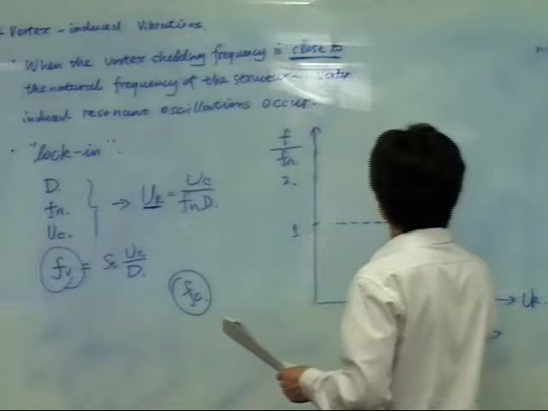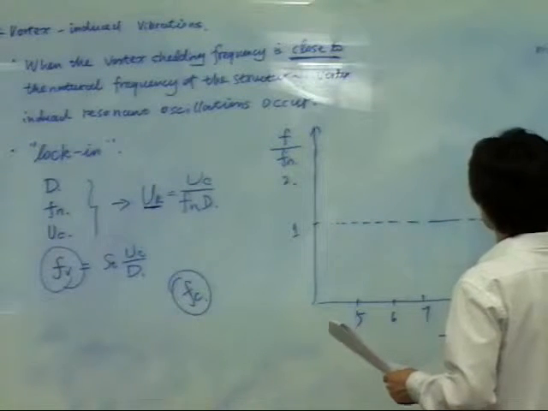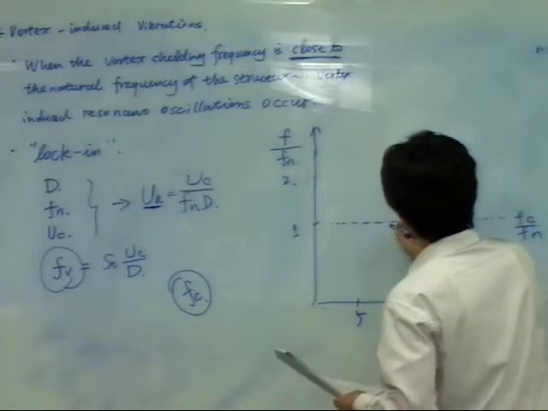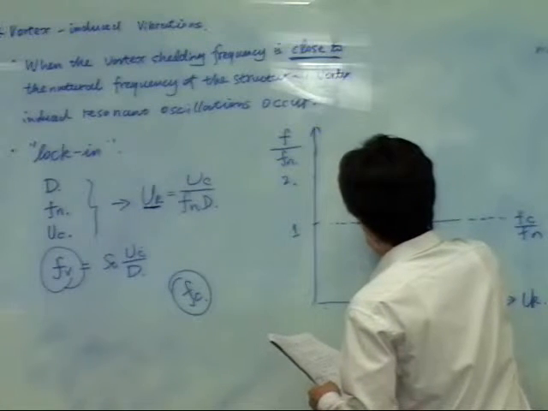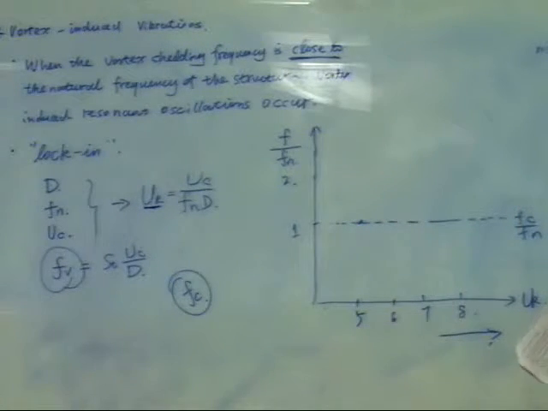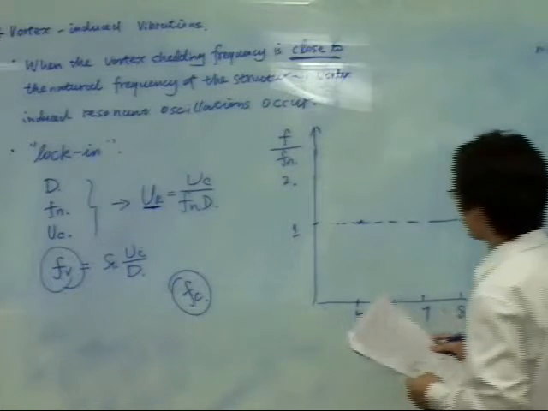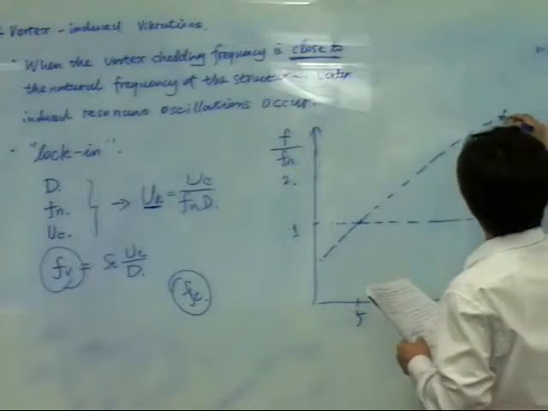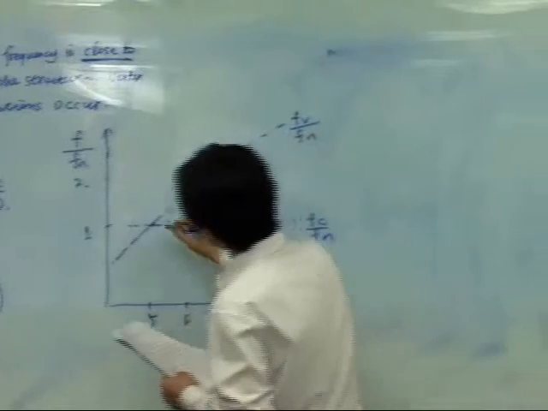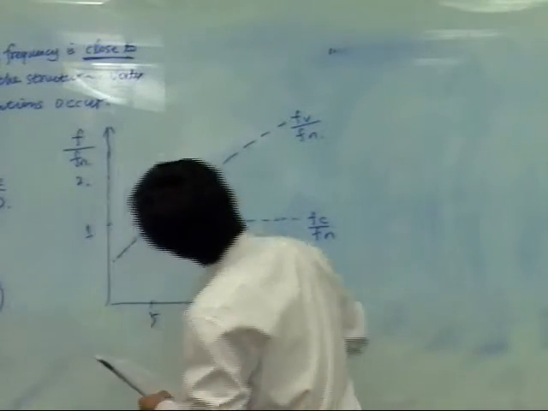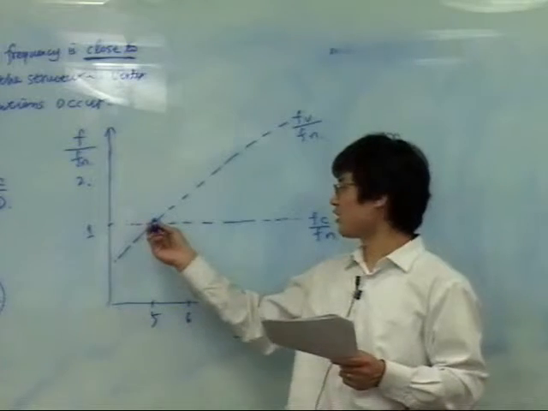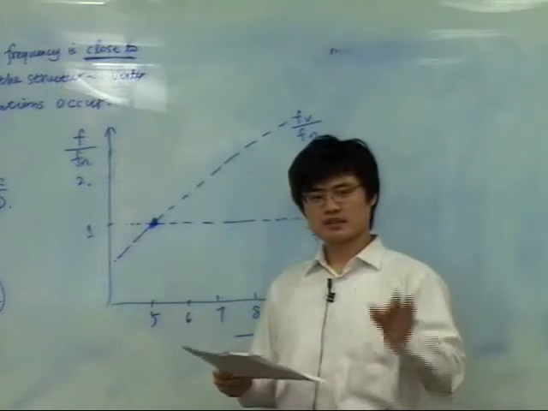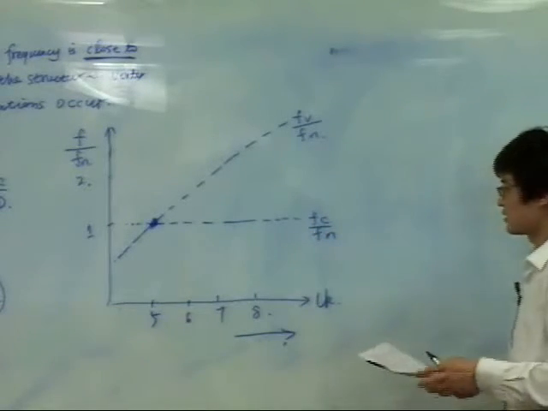But we know that when Fc over Fn equals 1, we have a resonant oscillation. Also, we have another curve. This is Fv over Fn. So we know that resonant oscillation will occur at this single point. Okay, this is based on our knowledge from structural dynamics.